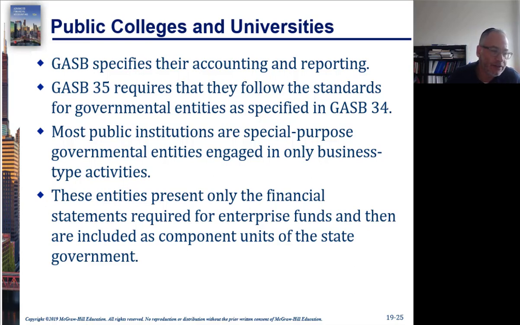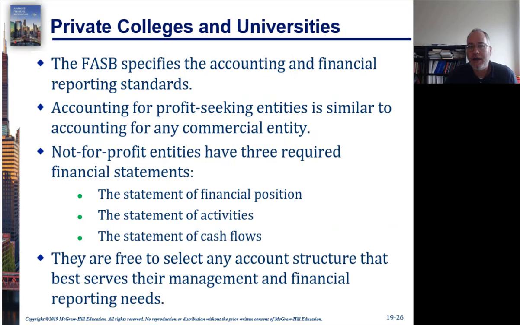Private colleges and universities, on the other hand, are going to fall under the FASB. And now you have for-profit and not-for-profit colleges and universities. For-profit are going to be like regular companies. I don't know if you ever heard of University of Phoenix. That's an example of a for-profit university.